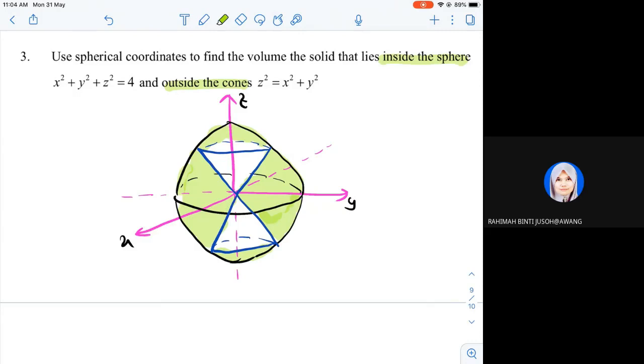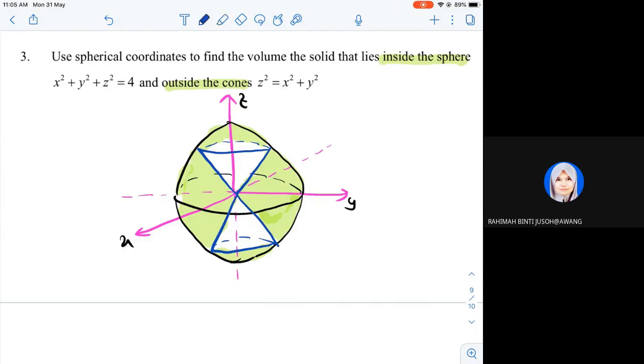Now I think we all know that the limit for theta, of course, is from 0 until pi over 2, right? Because it is a complete sphere. We just have to consider the cone part. So the cone is related to phi. Okay, always bear in mind the cone is related to phi.